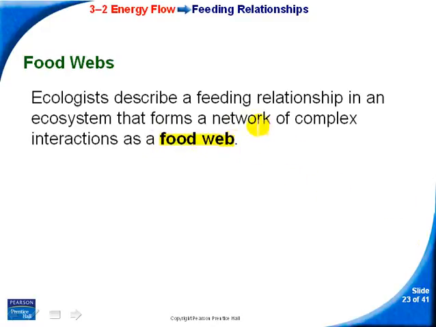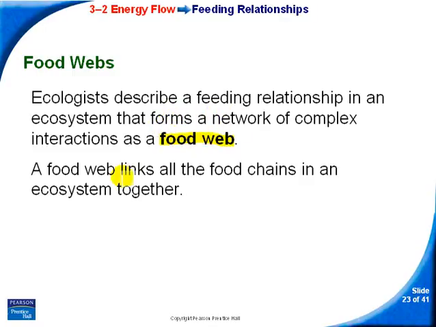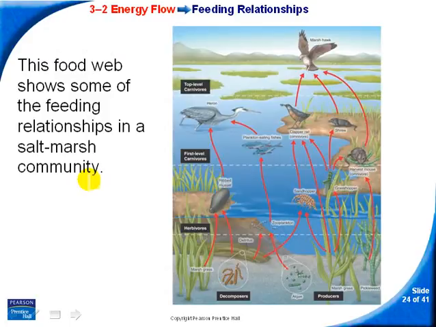We have what's called food webs, which are much more complex interactions. It's linking all these food chains together in an ecosystem. And the reason they can do that is because a lot of organisms feed on 2 or 3 different types of organisms.